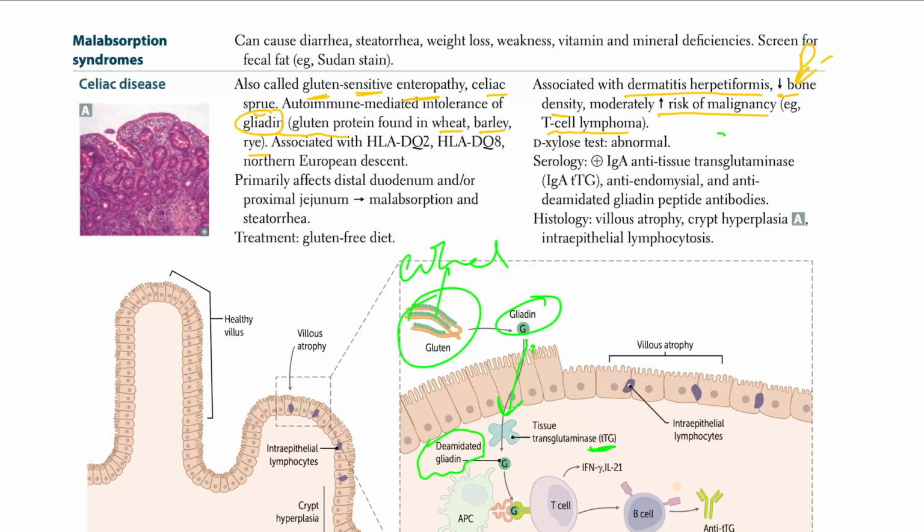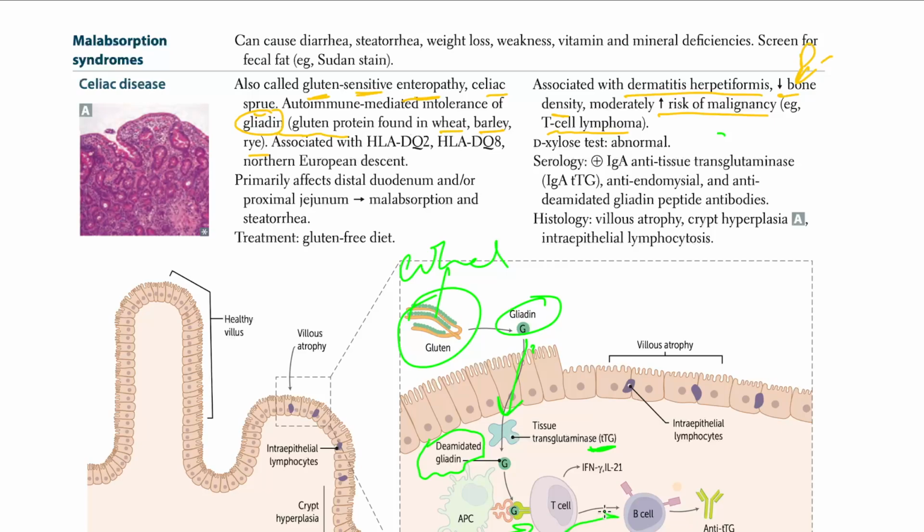That deaminated gliadin now gets caught by the APCs, and they bring it to the T cells.